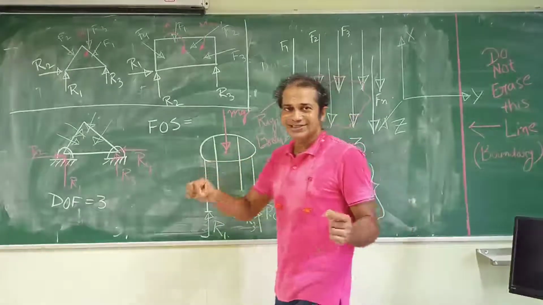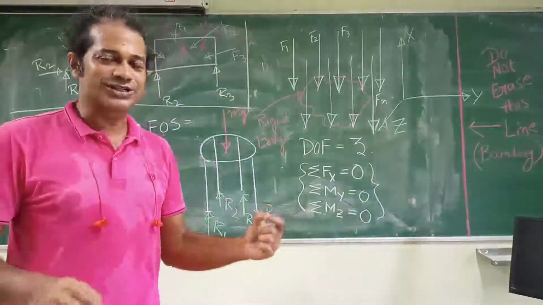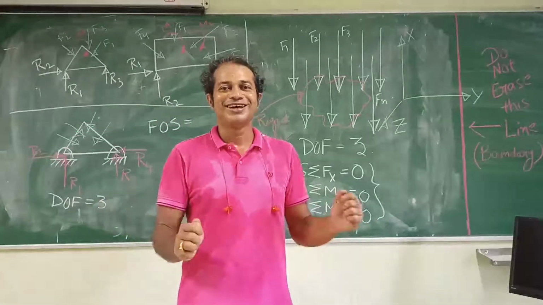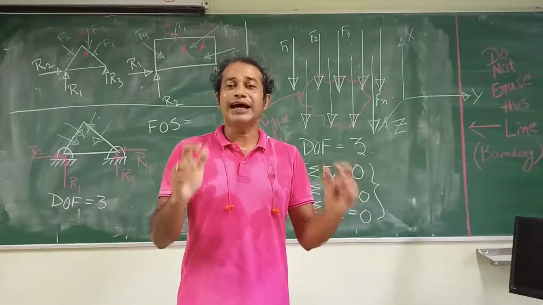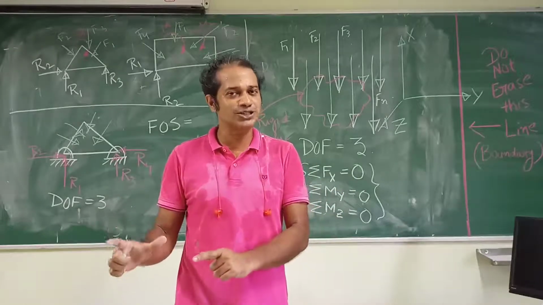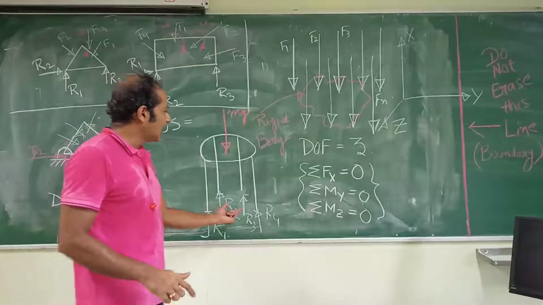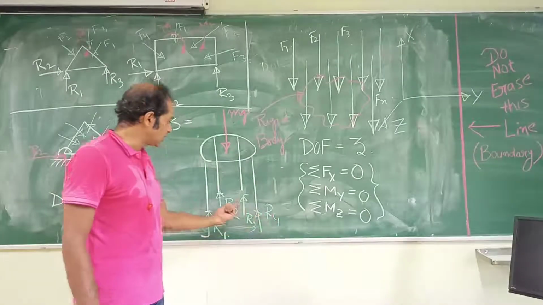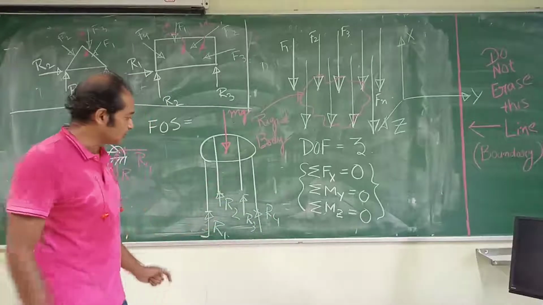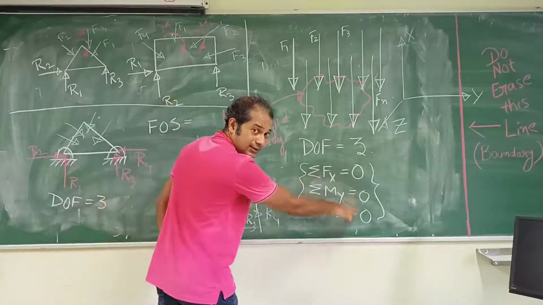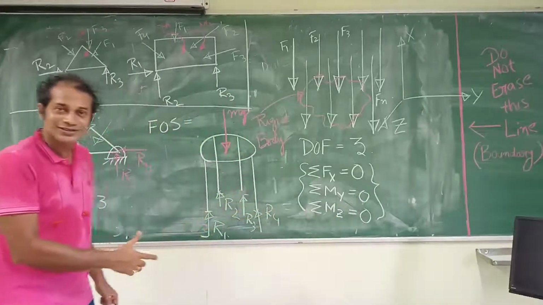If you change the loading position, you will find that the chair is rocking. Some rocking motion you are going to get. That means at that point, 3 members are getting the touch of the ground, and the R4 part is going to be 0, or in this case the R3 is going to be 0. It is going to be R1, R2, R4, and these are the 3 equations. From there you are going to get the solution.